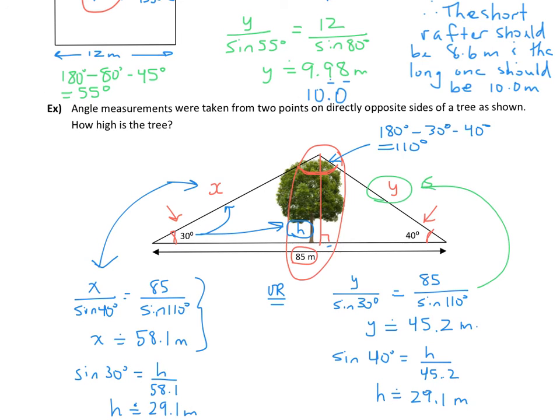So again, this is what I'm doing over here, and then I'm using the right angle triangle on the right to be able to calculate the height. But in either case, the height of the tree is about 29.1 meters. So the tree is about 29.1 meters tall.